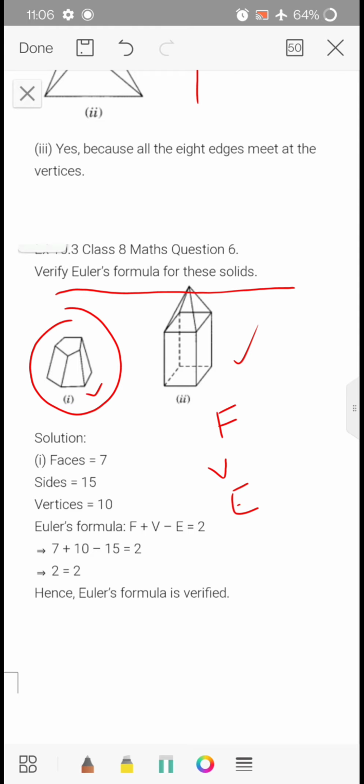So let's try to count the number of faces, edges and vertices. So you have to count this surface like thing which is called as faces. So this is the top one and the bottom which is hidden. So 1, 2, then 3, 4, 5.